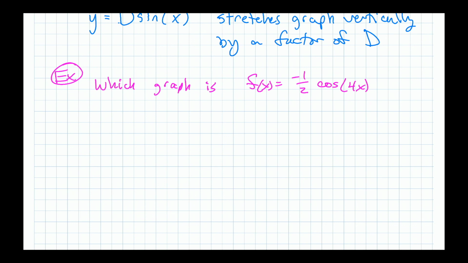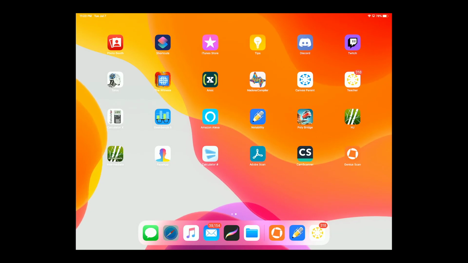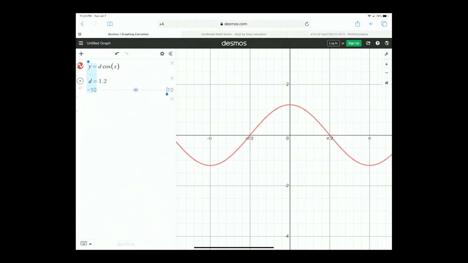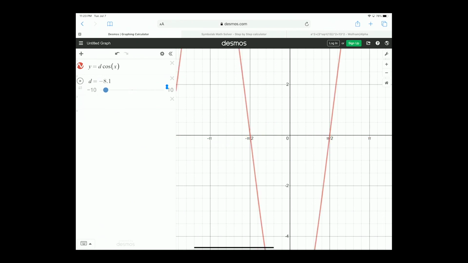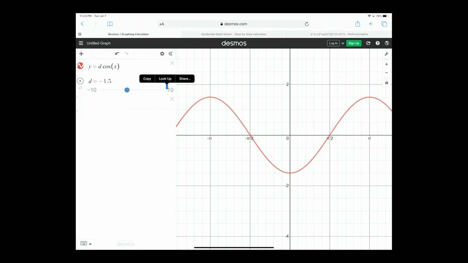And also, we didn't talk about a negative out front, but I'll show you that right now before we move on. So let's go back here. When you have a 1, that's the original graph. Now, as you go close to 0, the graph gets shorter and shorter. When you go negative, then the graph's upside down, right?